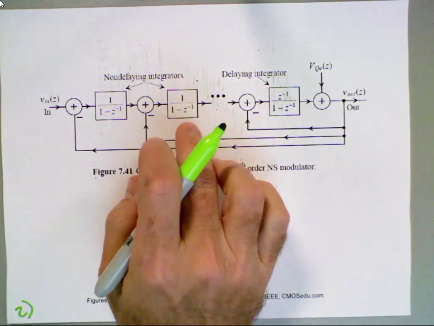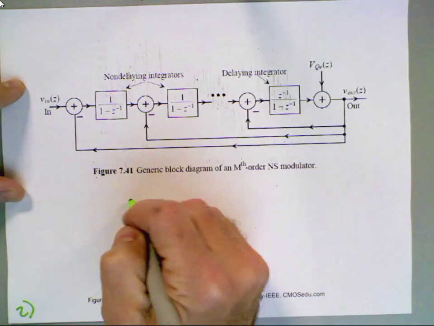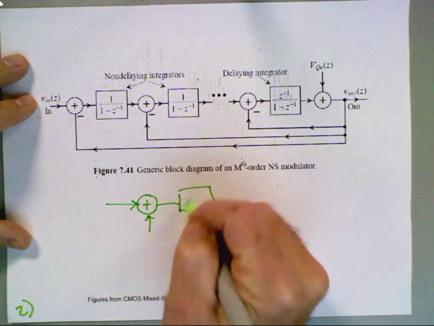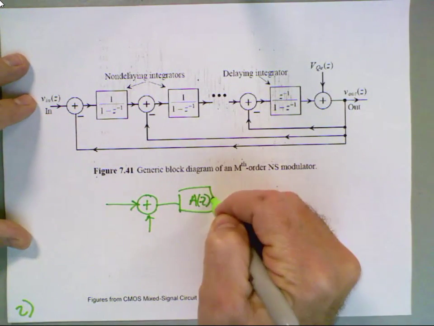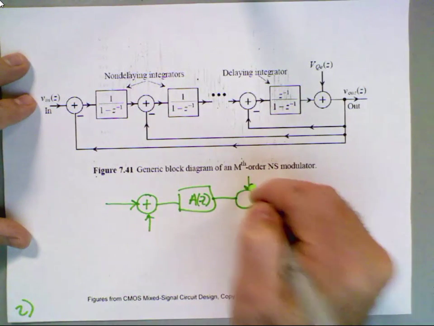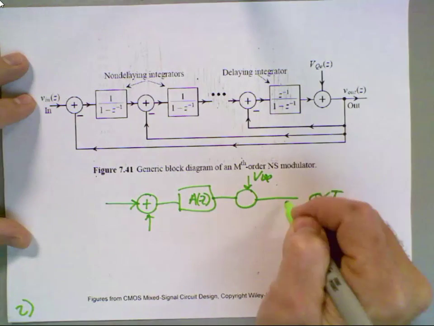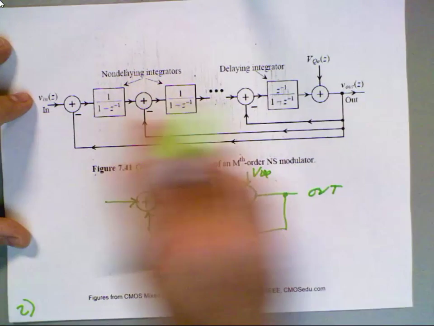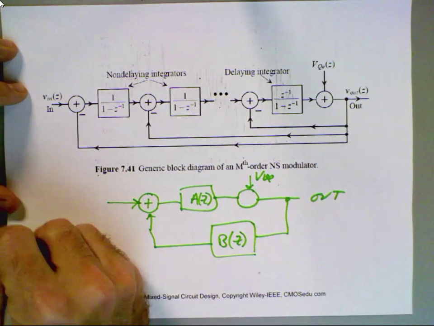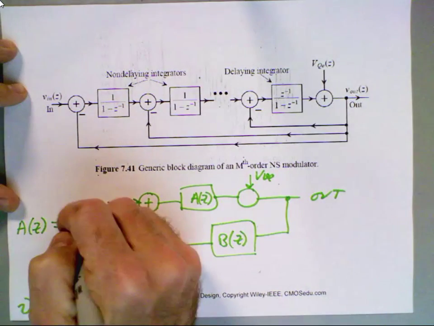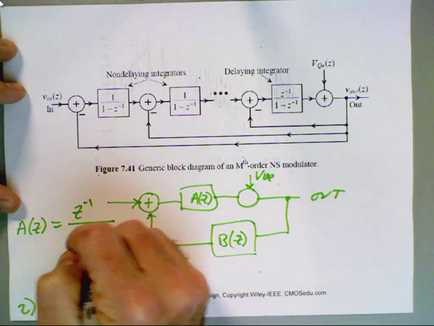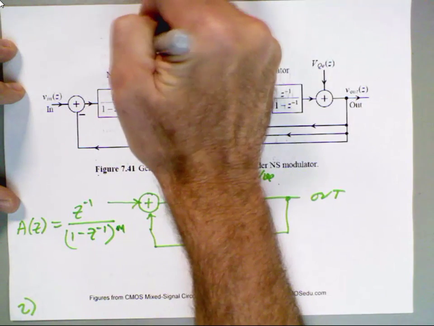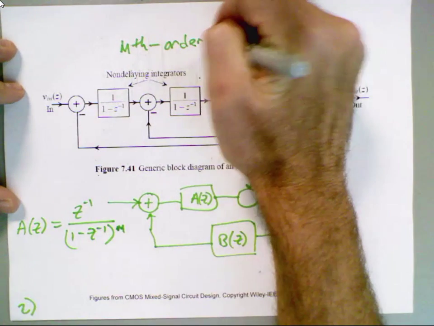Remember our block diagram where we have A of Z, and then the quantizer, and then here we had our B of Z. To get a higher order modulator, what we want to end up with is an A of Z equal to Z to the minus 1 all over 1 minus Z to the minus 1 to the mth power. So mth order modulator.